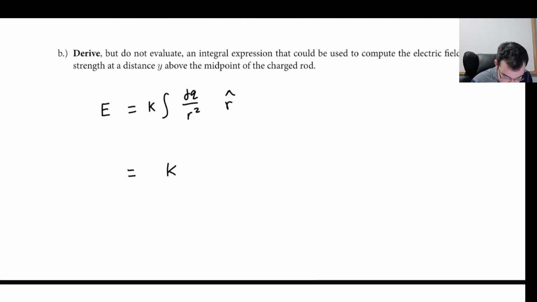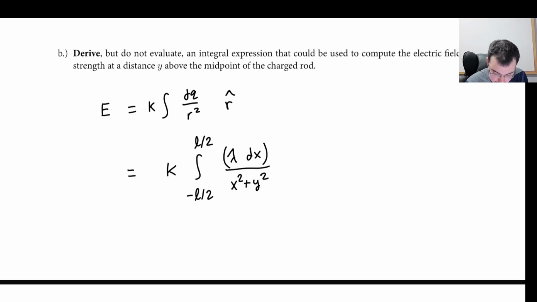So we can actually reuse a lot of the old work. We're still slicing from L over 2 to the left to L over 2 to the right. dq is still lambda dx. r is still that Pythagorean distance, x squared plus y squared under a square root. And the component maker is actually just sine theta.